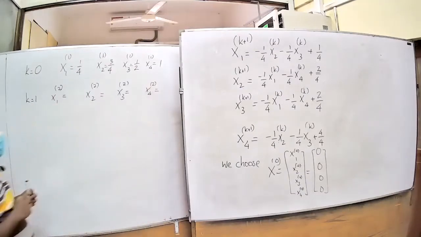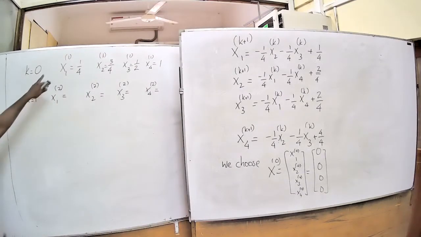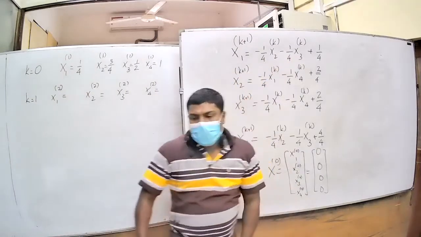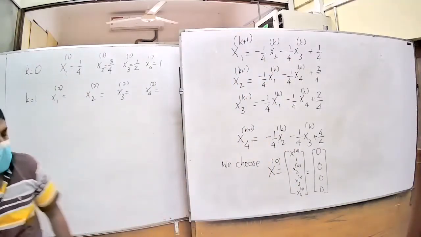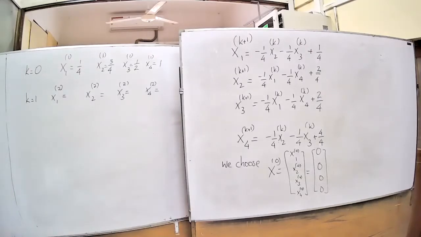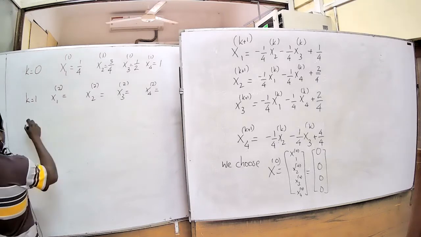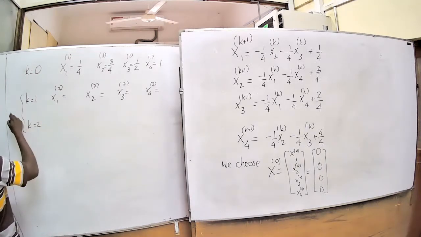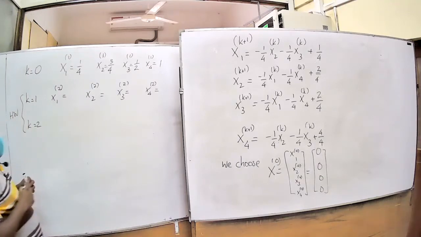Now you put this x1 or this x2 here, so you can find them. These are just calculation work, so you can try on your own. That's not a big deal. Again put k is equal to 2 and you find them, so I leave these as homework, you can easily compute them.